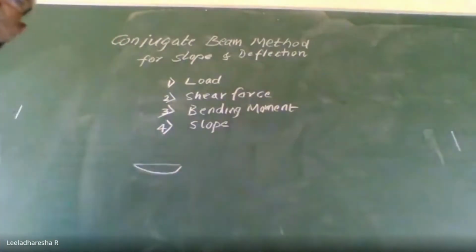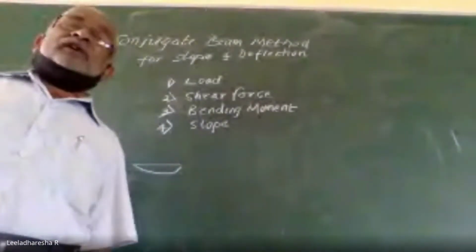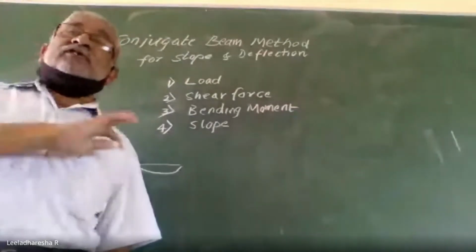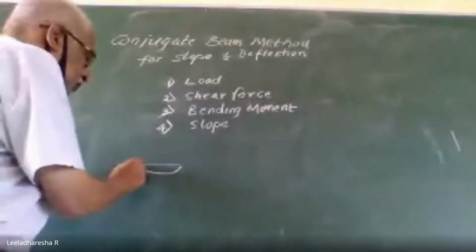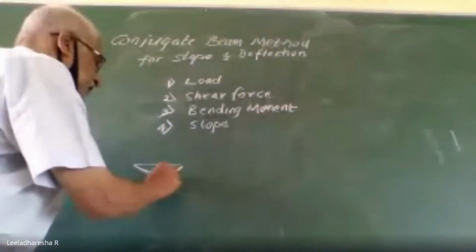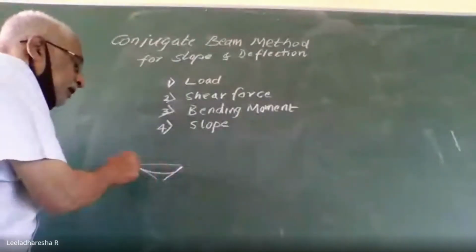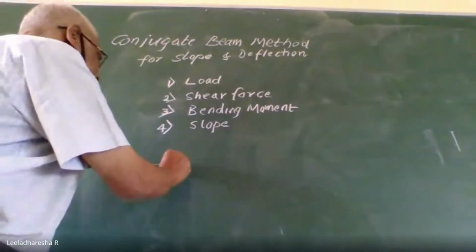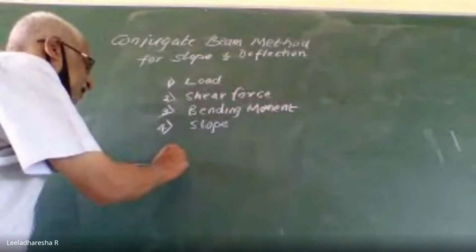Will you like to sit under this particular beam? Definitely, psychologically, one will not desire to sit under such a structure. Therefore, slope means that if you draw a tangent at any particular point to the bent shape of the beam, then this particular angle is called slope. Generally it is indicated by theta.